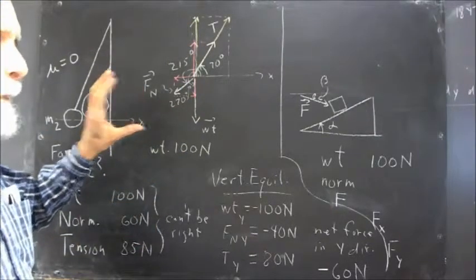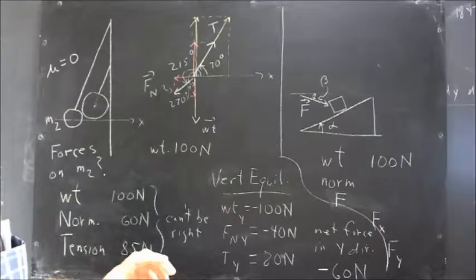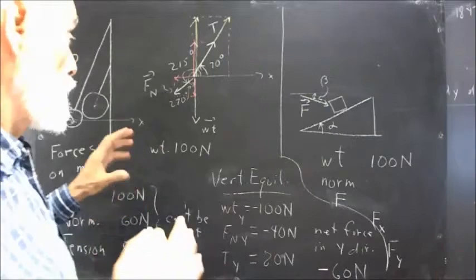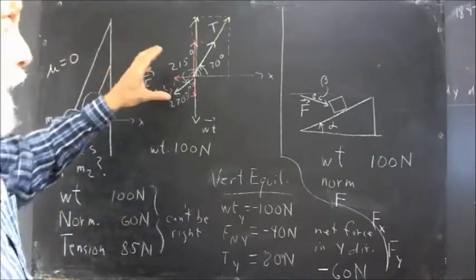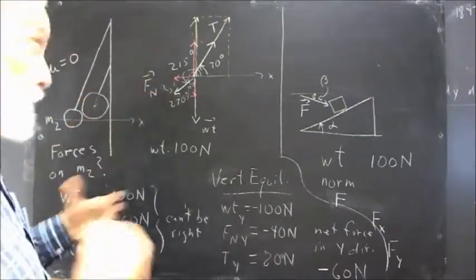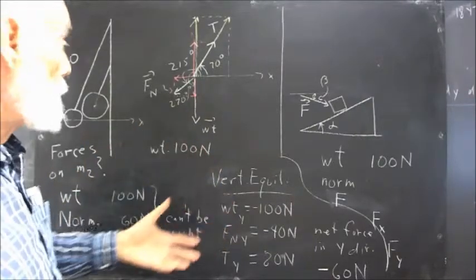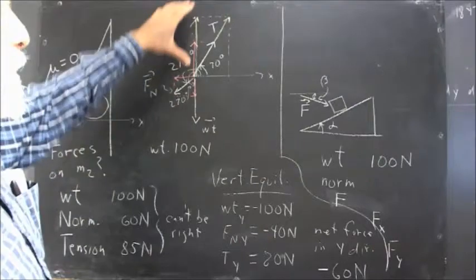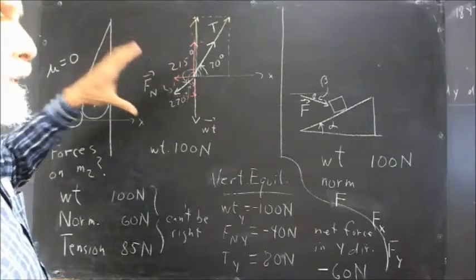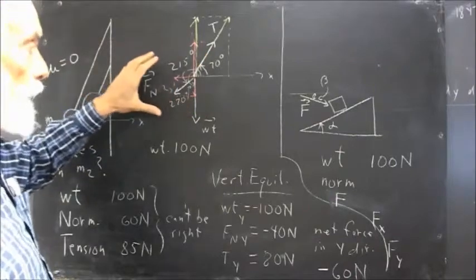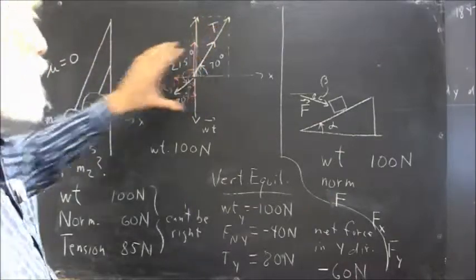The task that I gave the class was to sketch these and estimate. I got some estimates. I also got some equations and some formulas. We're trying to estimate visually, okay? We're trying to develop the ability to visually reconcile the forces as they should be.